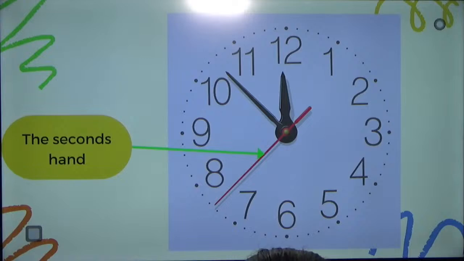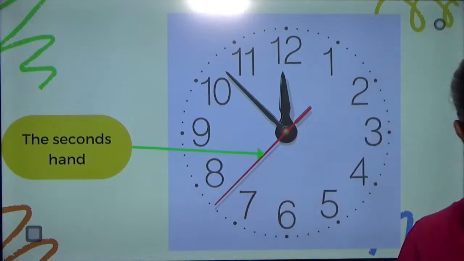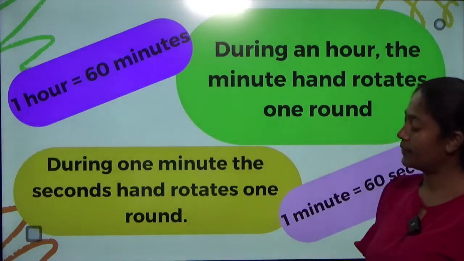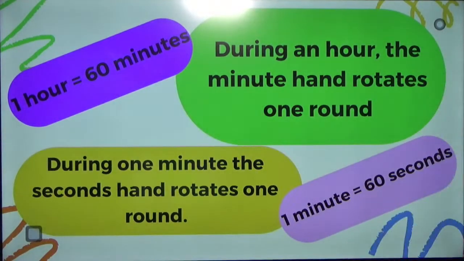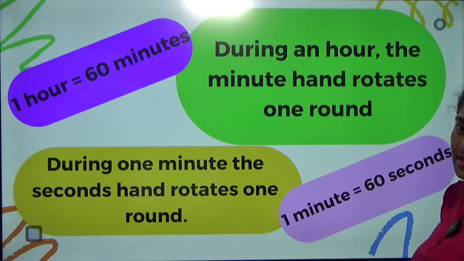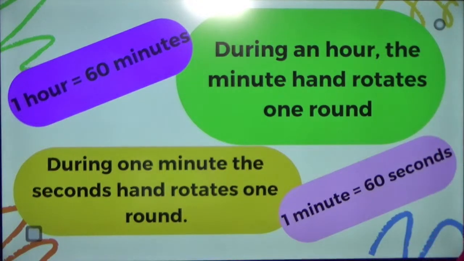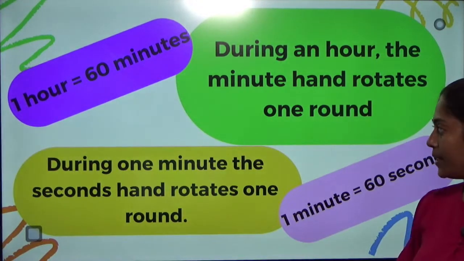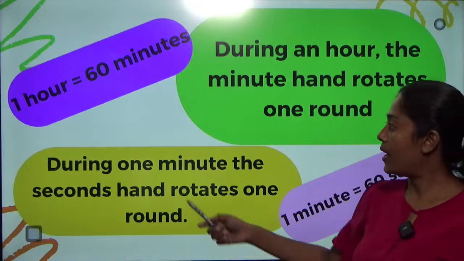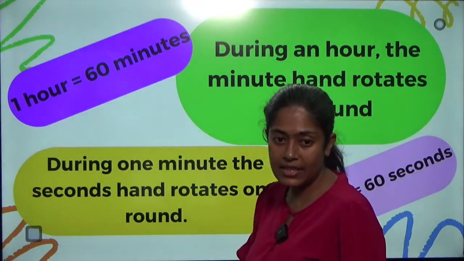Right. Look at this. 1 hour is equal to 60 minutes. That one you know already. During an hour, the minute hand rotates one round. I explained that before also. So, 1 hour is equal to 60 minutes.